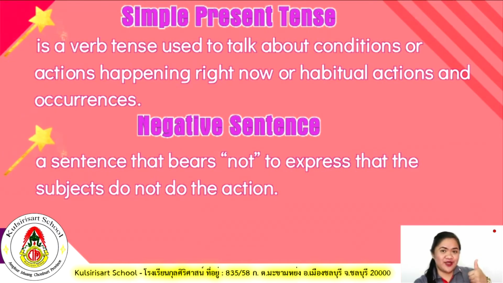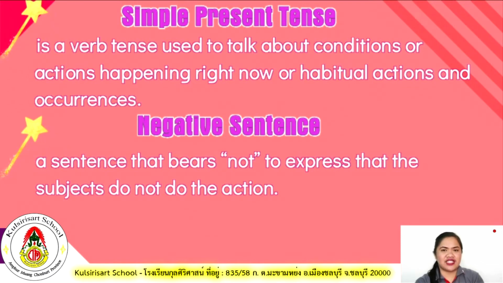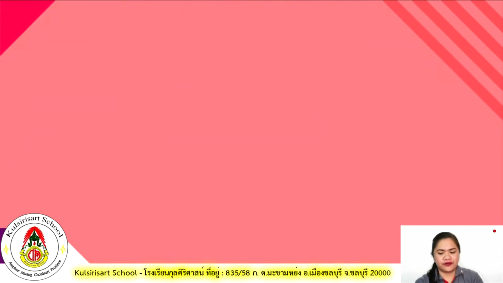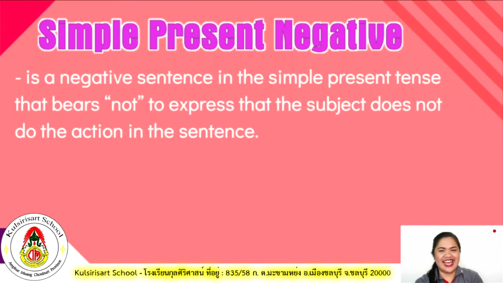Do you understand? Okay, so if we combine the two definitions of these two terminologies, we can conclude that a simple present negative sentence is a negative sentence in the simple present tense that bears not to express that the subject does not do the action in the sentence.